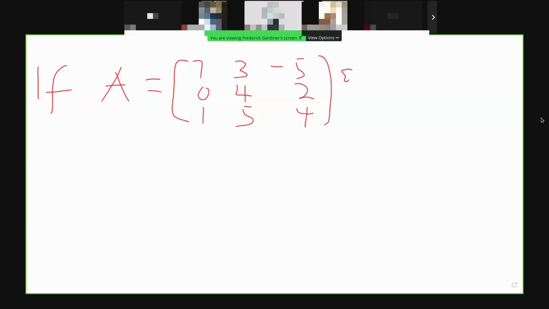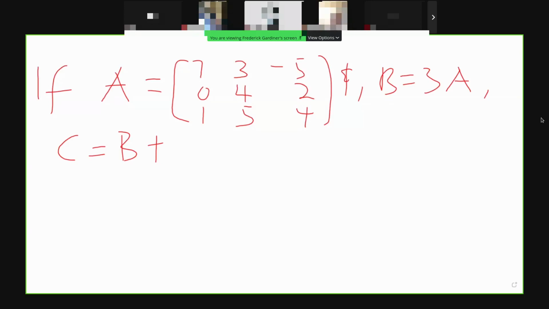And it says B is equal to 3A, comma, C is equal to B plus 2A minus 5I.